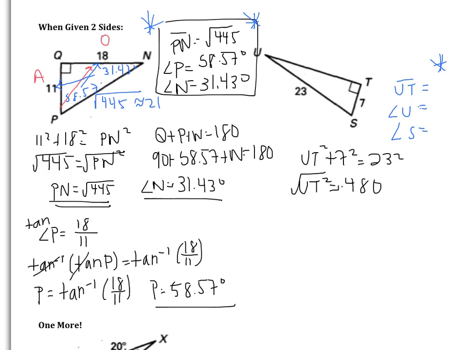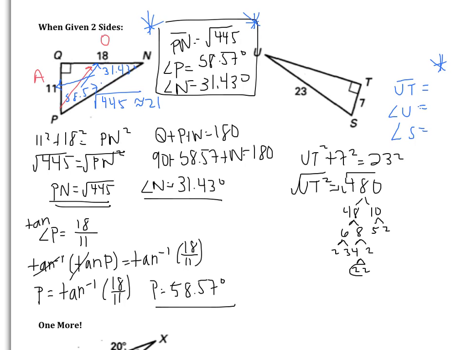I take the square root, and then I'm going to have to start simplifying. So 480 is going to be 48 times 10. 10 is 5 times 2. 48 is 6 times 8. So I have 4 times 2. 2 and 2. 2 and 3. Okay, I'm going to have to start looking for pairs.